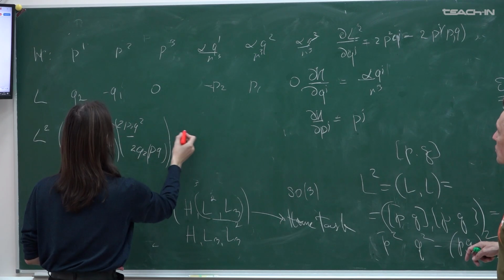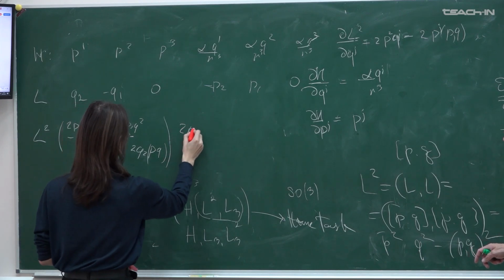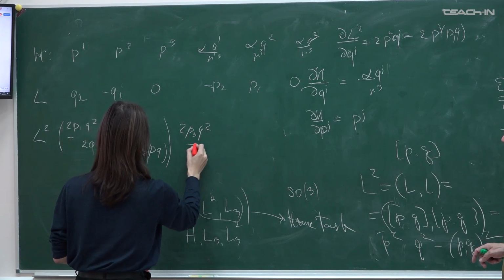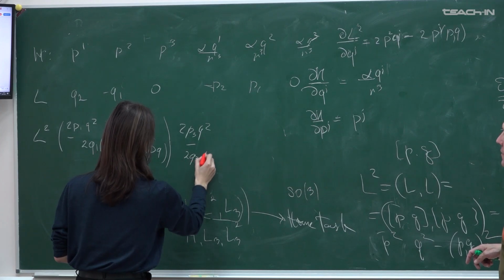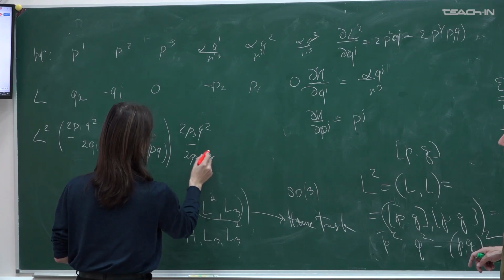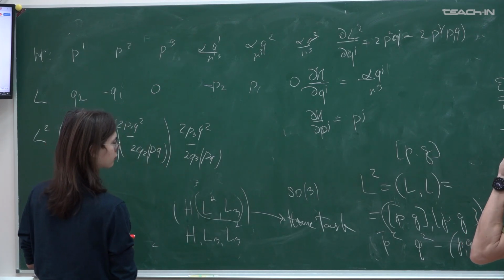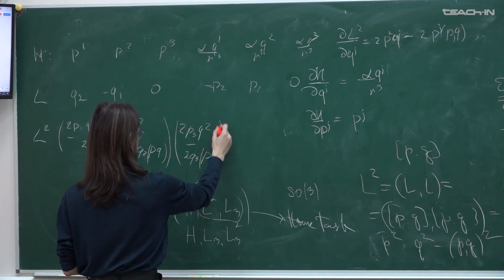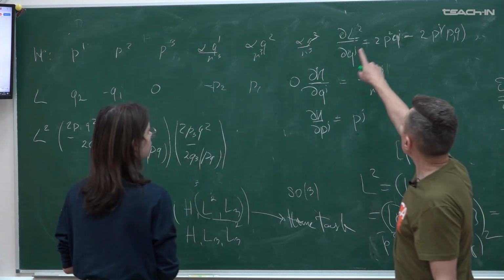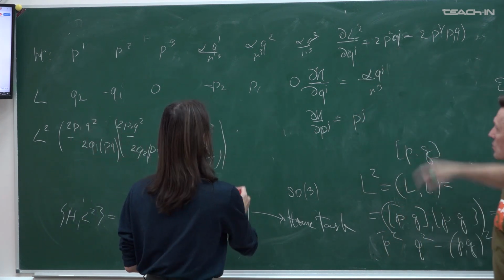The next, 2P3 Q square. Okay, next follows from your calculation.